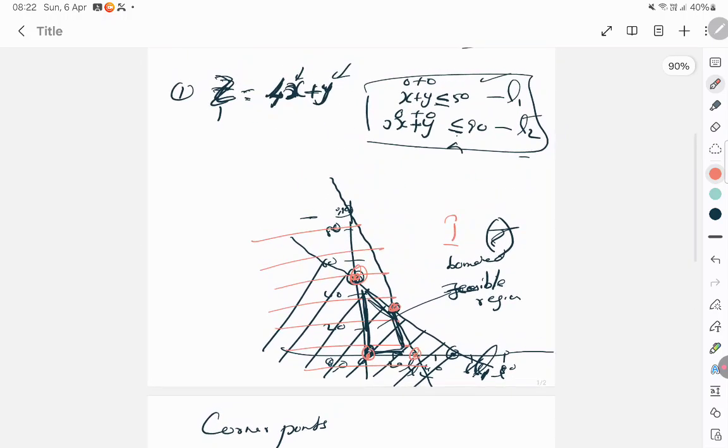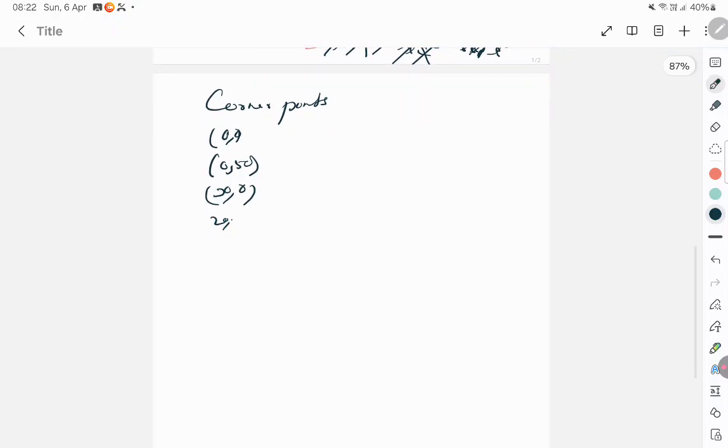So take the two lines and solve it. We had x plus y is equal to 50 and 3x plus y is equal to 90. Let's solve the two equations. So it's minus 2x is equal to minus 40. So x is equal to 20. x is 20 means y is 30. So you know that the point of intersection is 20, 30.